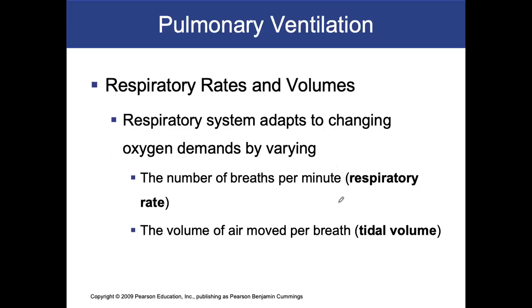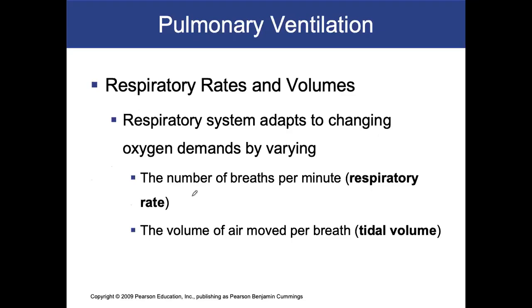Pulmonary ventilation. So the respiratory rates and volumes. Your respiratory system adapts to changing oxygen demands by varying the number of breaths per minute, so your respiratory rate, and the volume of air moved per breath. This depends on what activity you're doing.